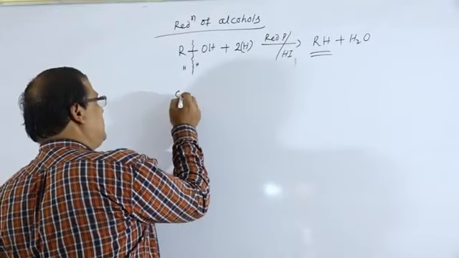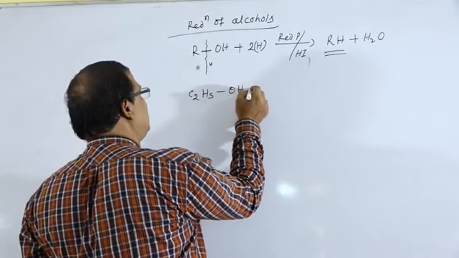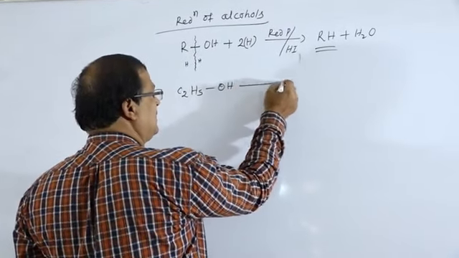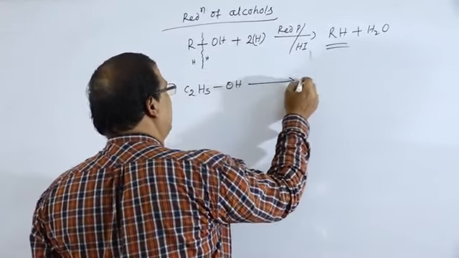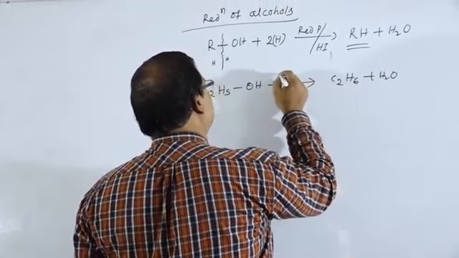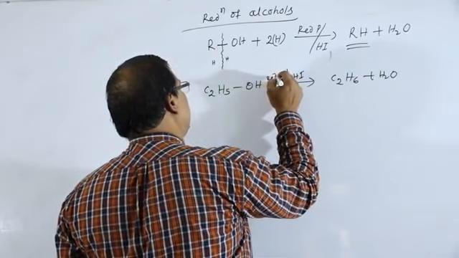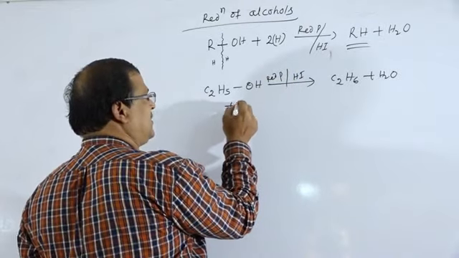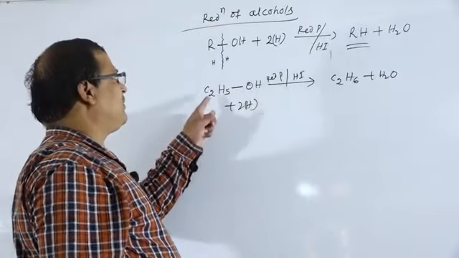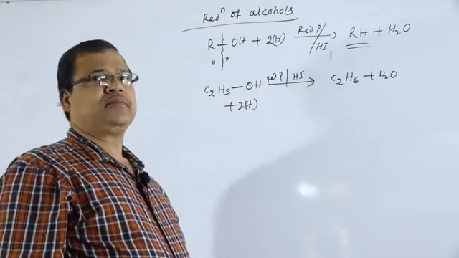For example, C2H5OH treated with red phosphorus and HI gives C2H6 plus water. There is the addition of two hydrogen atoms, so this bond will break by the addition of hydrogen. C2H6 is the formula for ethane.